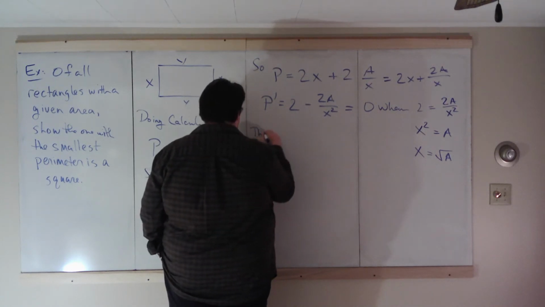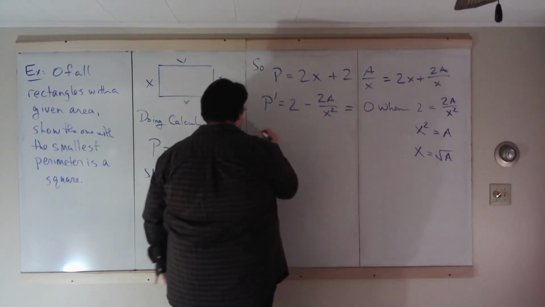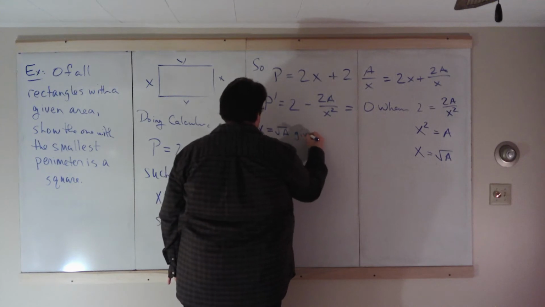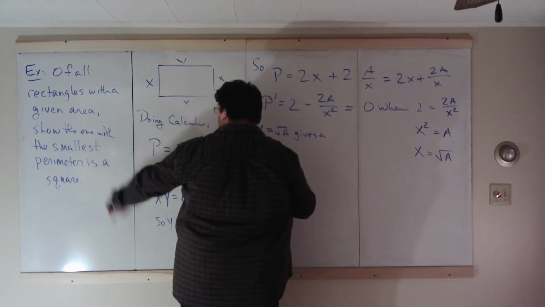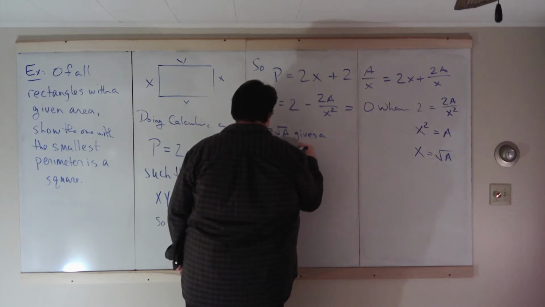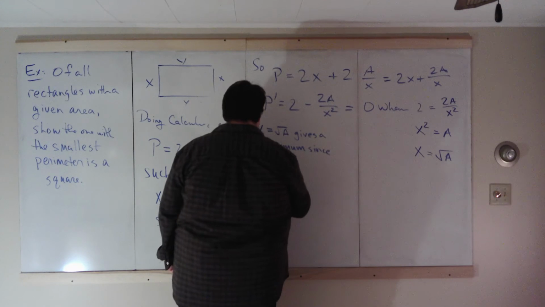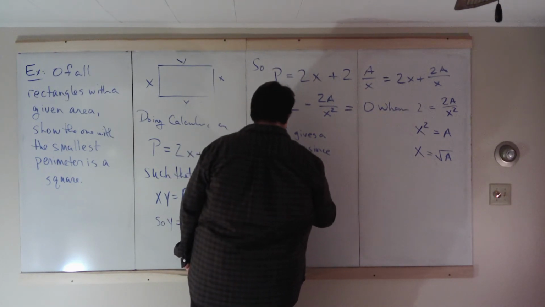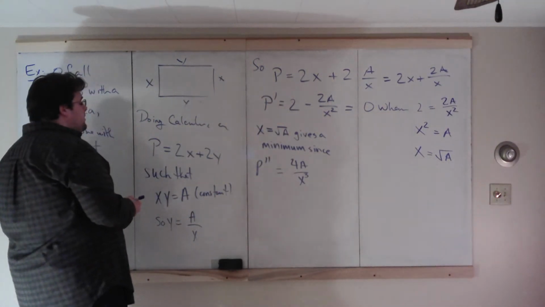I'll say x equals root A gives a minimum. We're trying to minimize perimeter. Since what? Well, the second derivative is 4A over x cubed, which is positive.